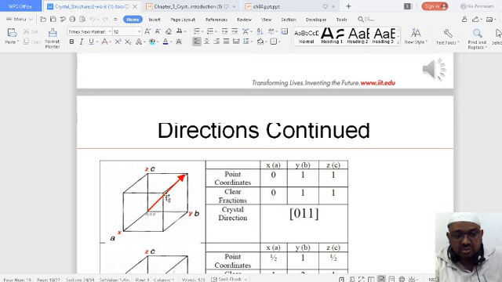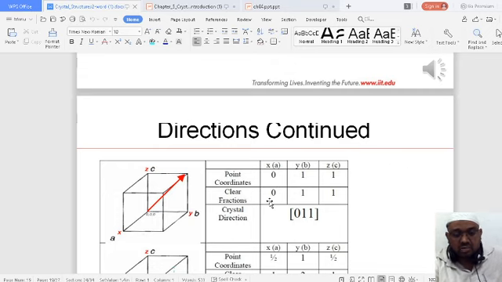This line segment is not related to the x-axis, so we write it as 0. With respect to the y-axis, the distance is found to be 1, and with respect to the z-axis, it is an equal distance. So we take that equal distance as 1 intercept. So we got 0, 1, 1.